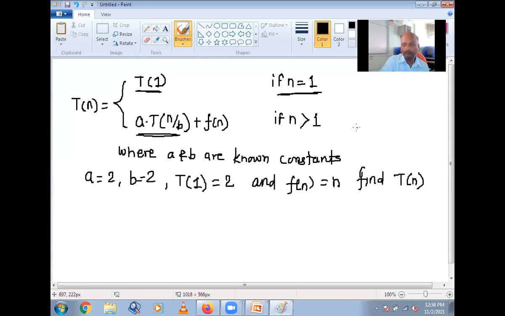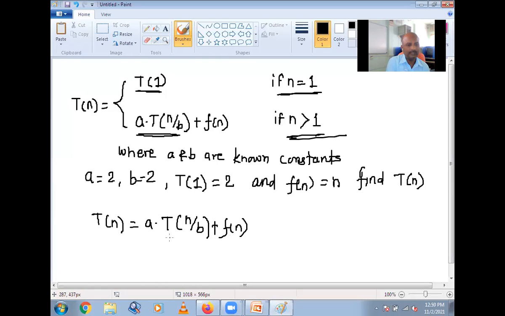So we'll put the values in this equation. Here n is greater than 1, so we can directly write T of n is equal to a into T of n by b plus f of n.